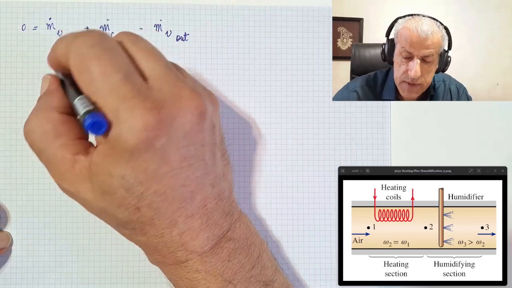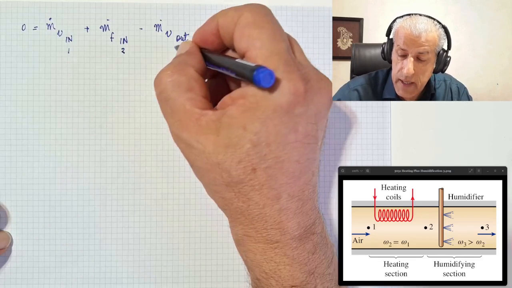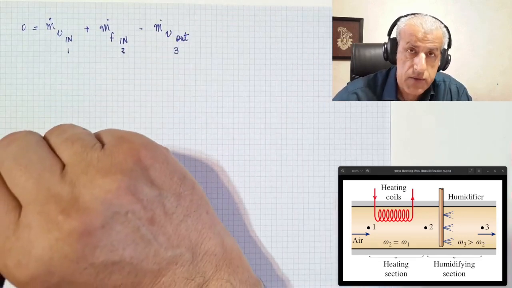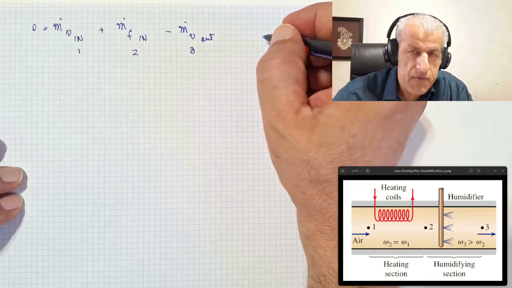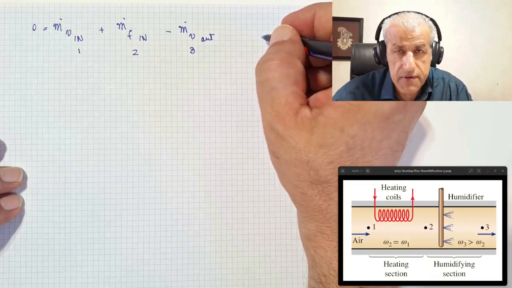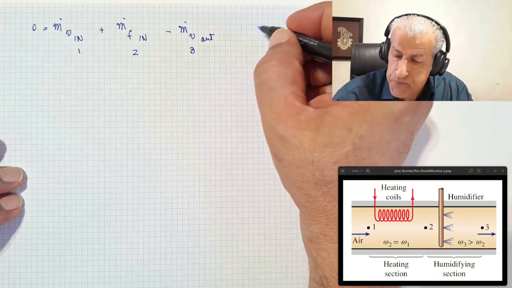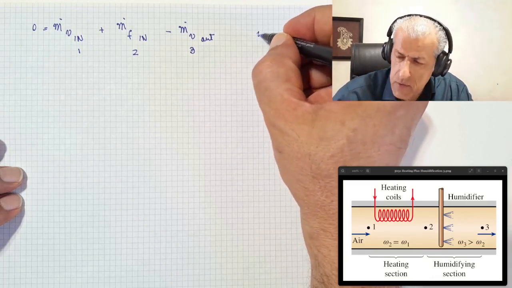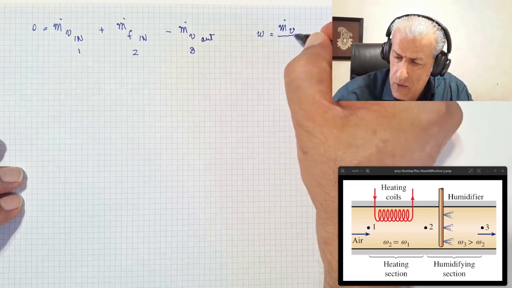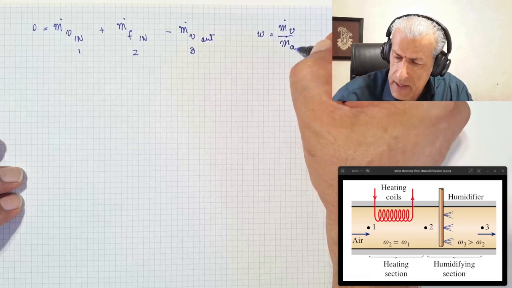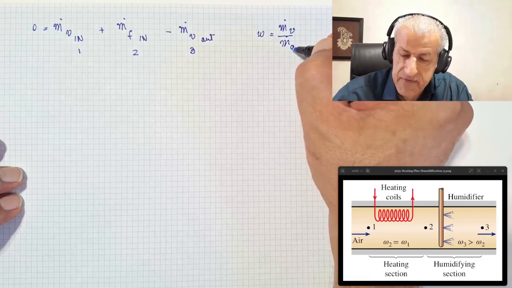So this is point 1, this is point 2, and this is point 3. Now, in air conditioning problems, we usually simplify everything for air mass flow rate. And we know that W equals m dot V over m dot A. This is the vapor mass flow rate, and this is air mass flow rate.